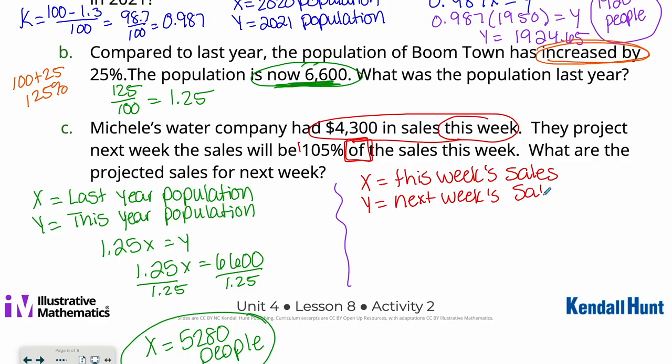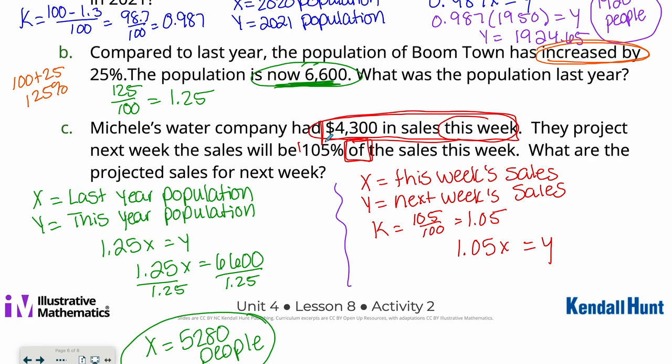Now it's not an increase. It's not a decrease. It's 105% of. So my K value is 105 divided by 100, or 1.05, which makes the equation 1.05x equals Y. What do we know?